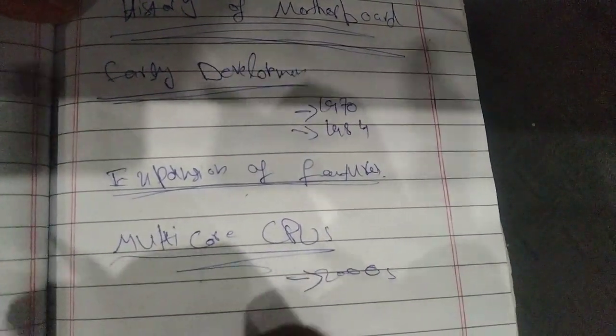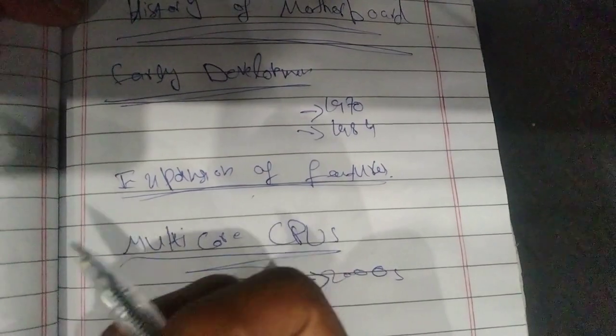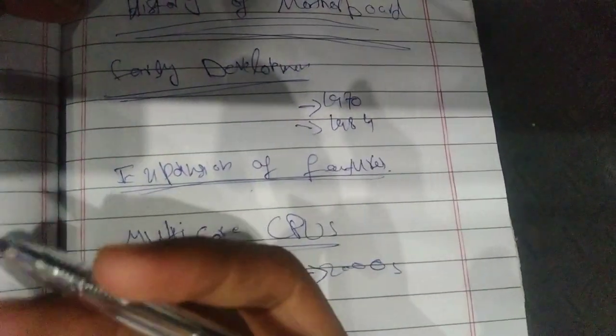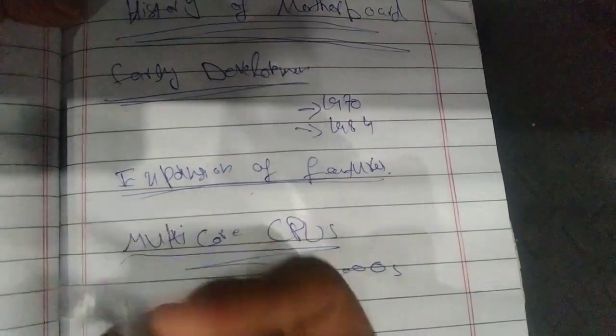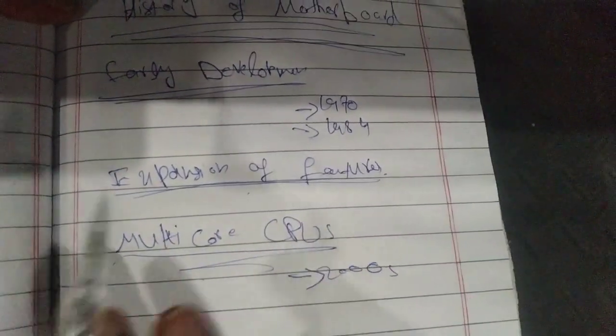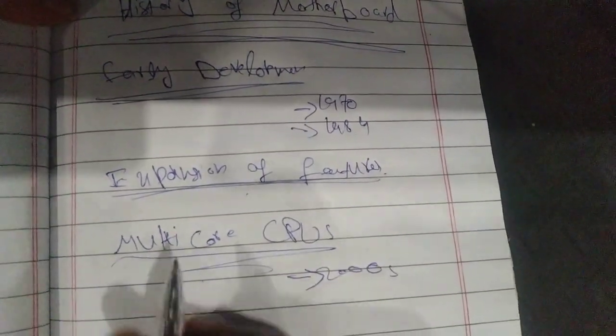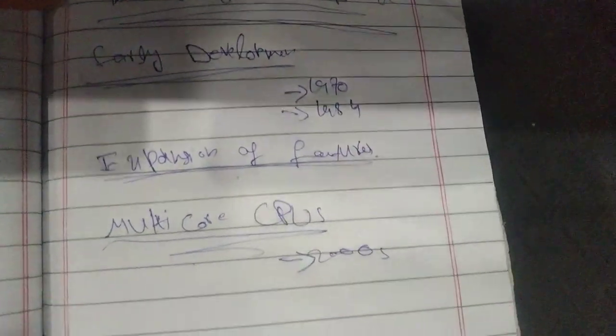This meant adding more powerful power phases to the motherboard to support the increased power demand of the multiple core CPUs, as well as incorporating more advanced cooling solutions to keep the processor and other components cool under heavy load.